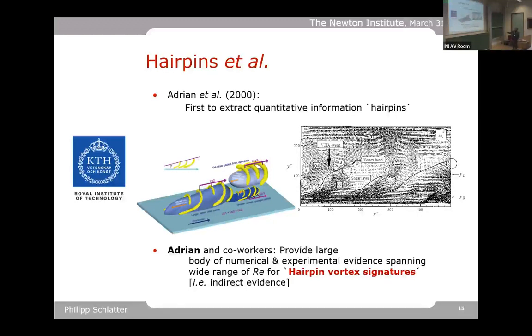One of the key aspects here was that this description came essentially from looking at two-dimensional PIV data and seeing these ramp-like shear layers, and then these regions of increased swirl being aligned along these ramps, which was then called hairpin vortex signatures, as being kind of when they cross through the PIV plane.